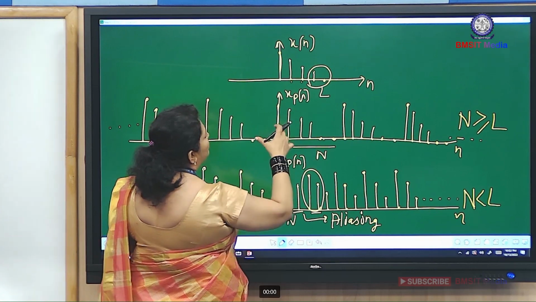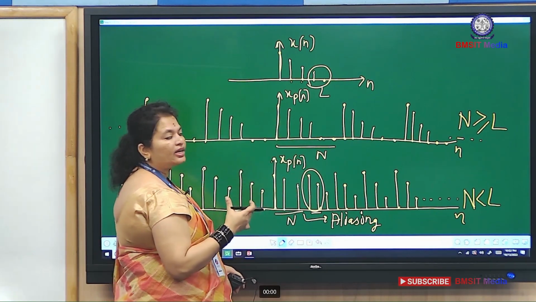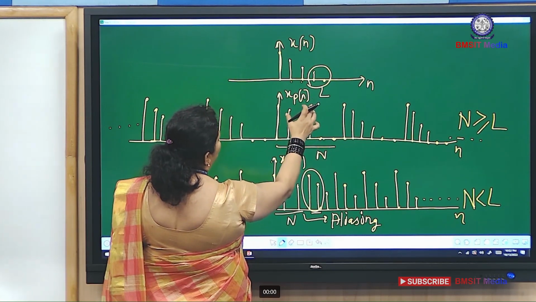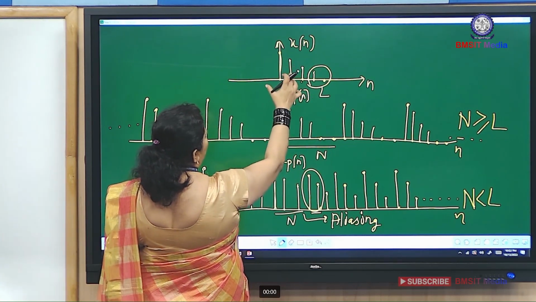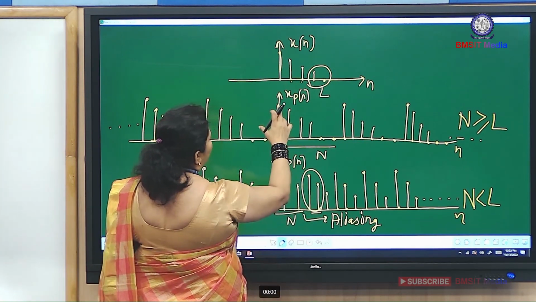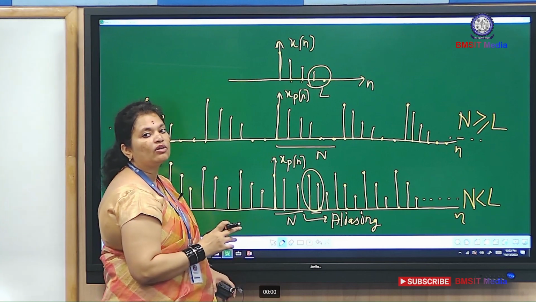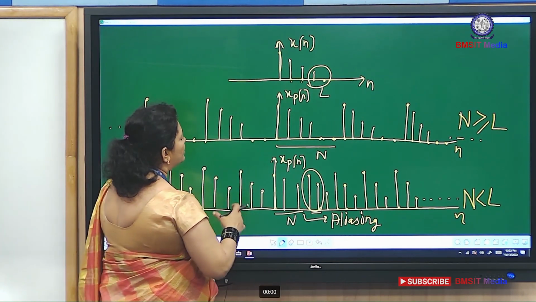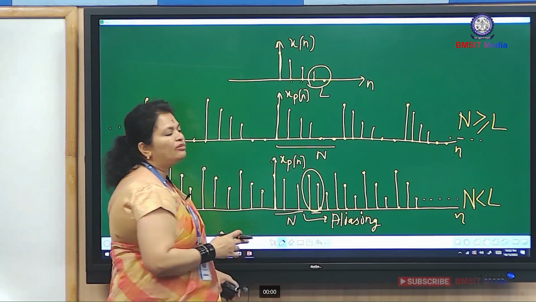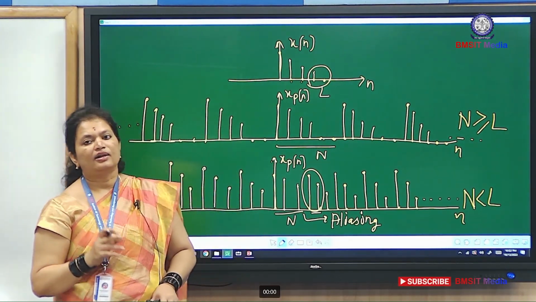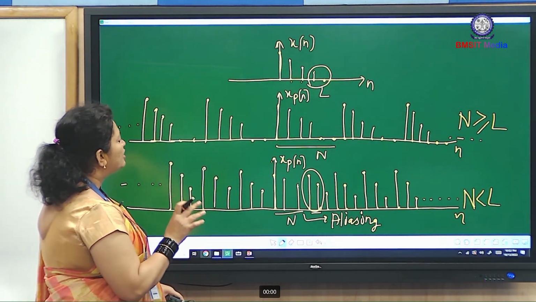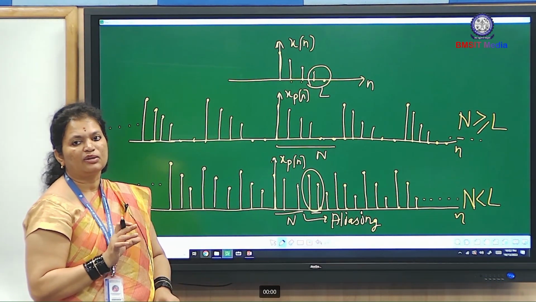Whenever N is greater than the number of samples of x of n, we can extract x of n from xp of n. But whenever N is less than the number of samples present in x of n, we cannot extract. If at all you extract, you are losing some information. So from this example, we can come to a conclusion that xp of n is equal to x of n in the duration 0 to N minus 1.